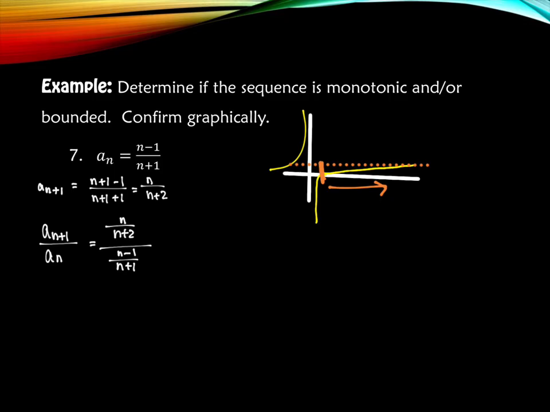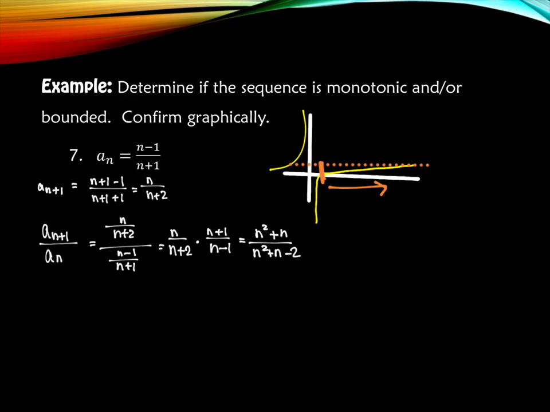Fraction over fraction, that's called a complex fraction, and we're going to actually flip that around and simplify it. So we have n over n plus 2 times n plus 1 over n minus 1. Okay, cleaning this up, this gives me n squared plus n over, and look, this should be n squared, let's see, plus n minus 2. Did I get it right? I think so.